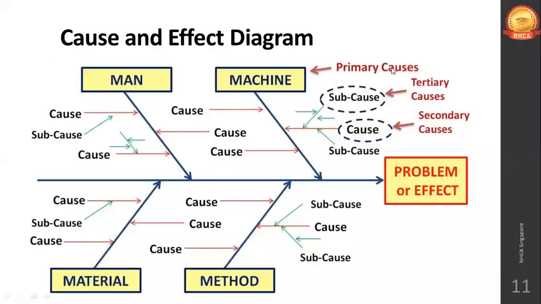Cause and effect diagram is called the Ishikawa diagram or the fishbone diagram. Those are other names for cause and effect diagram. So a question can come like, what is another name for cause and effect diagram? A few names can be listed out. So you have to know the other names, because the Ishikawa fishbone diagram is a very common tool used in Six Sigma.